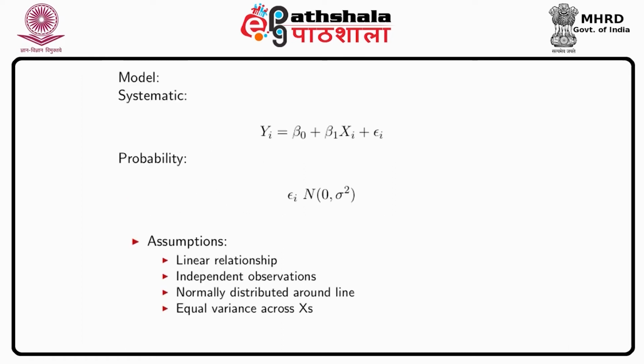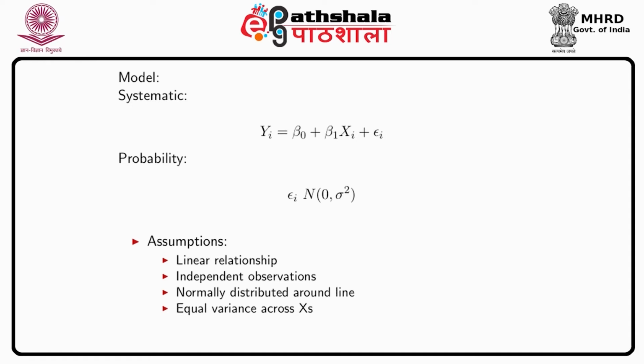So let us first look at the assumptions which we make before fitting a regression model. The model, as I said, can be written in terms of y and x in the following form: y_i equals beta 0 plus beta 1 x_i plus epsilon_i, where x_i represents the independent variable or the systematic part and epsilon_i represents the error.